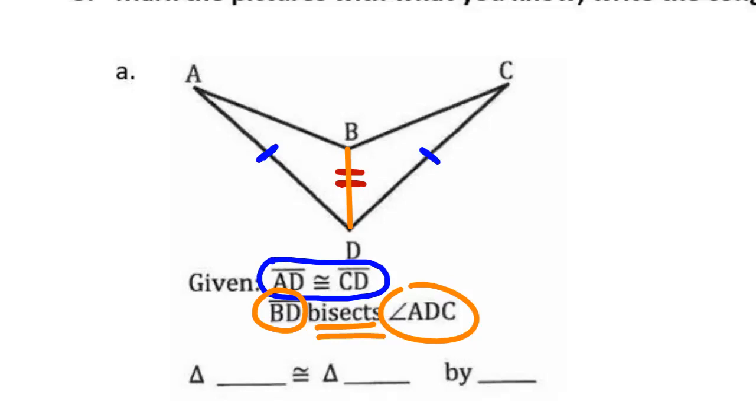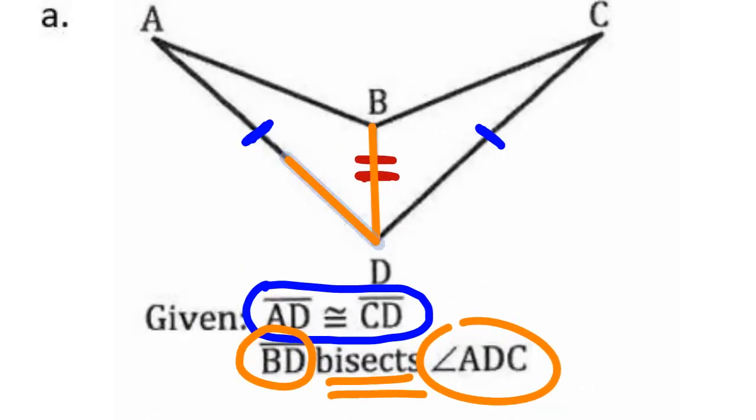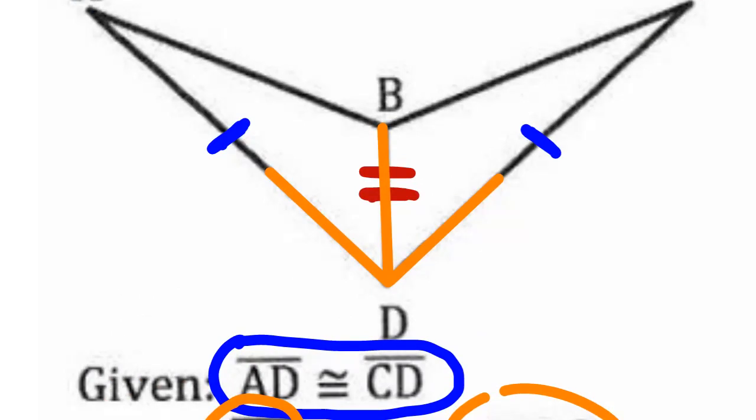Cuts it in half. It's cutting an angle in half. I need to figure out which angle that is. The middle letter always tells me the vertex of the angle. What is the vertex of the angle that's being cut in half? D. So the angle that's being cut in half is this guy down here. So that means this angle right here is congruent to the other side of it.